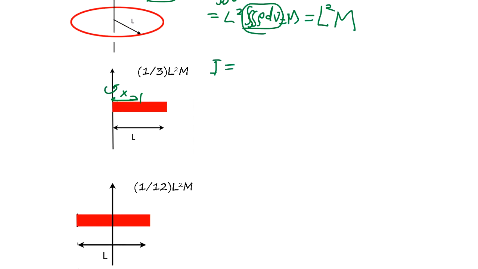I equals the volume integral of rho x square dV, where dV is d dx, so multiply by d, and that's going to be 1/3 L cube rho d.